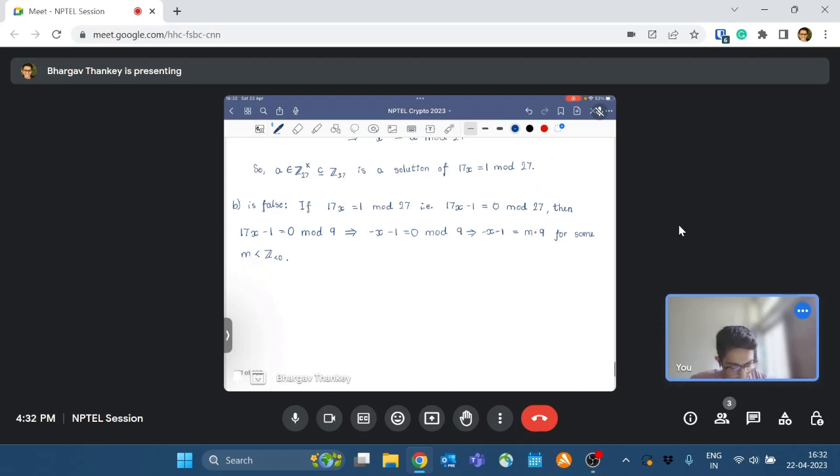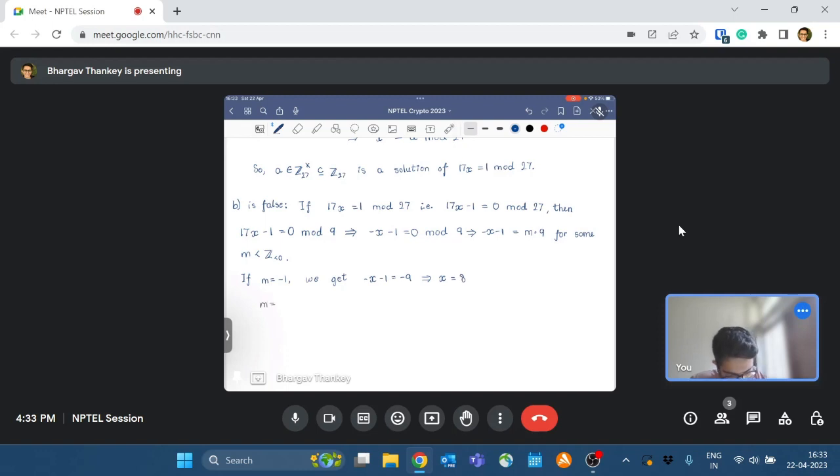Now let's see how many of such numbers exist in Z27. If m equals minus 1, we get minus x minus 1 equals minus 9, which implies x equals 8.